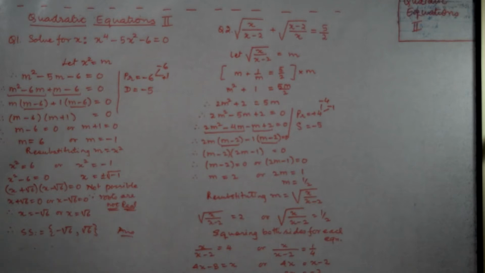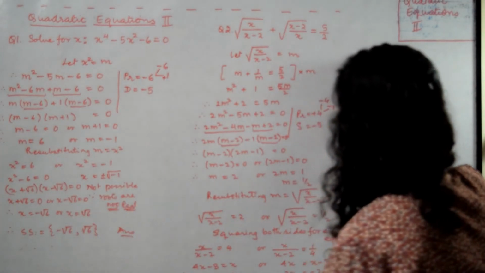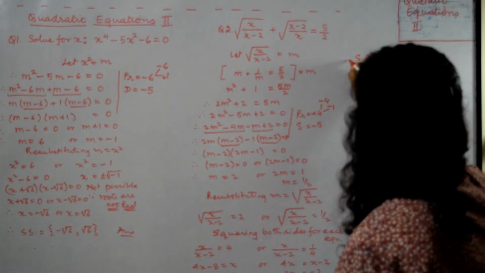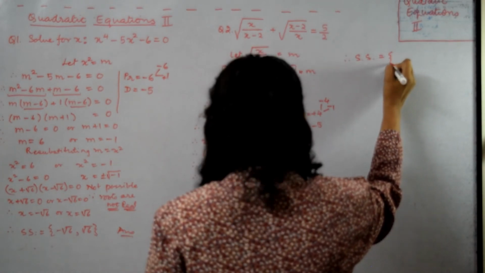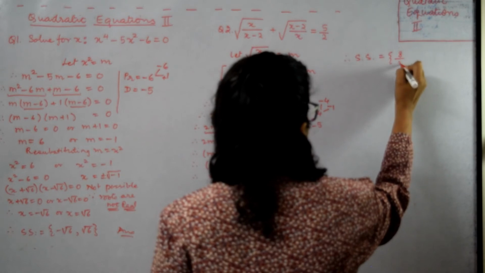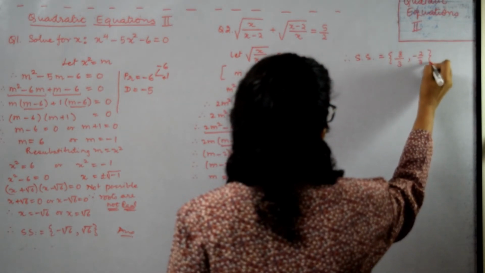Now that we have the values of x, our solution set, either we can say therefore solution set is equal to 8 upon 3 comma minus 2 upon 3.